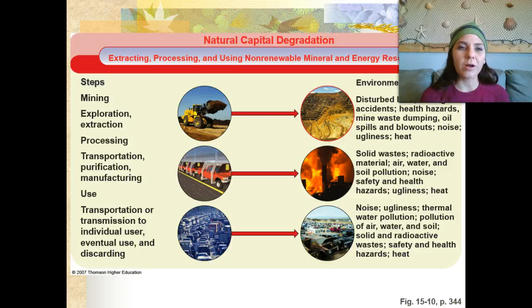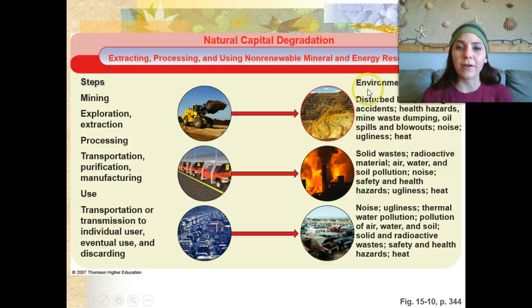So basically, what's going on with the extracting, the processing, and the using of non-renewable mineral and energy resources? What's happening, and what are some of the effects whenever we're using it? First of all, we have mining and exploration as well as the extraction process. So this is basically exploring, digging, and extracting different types of non-renewable resources.